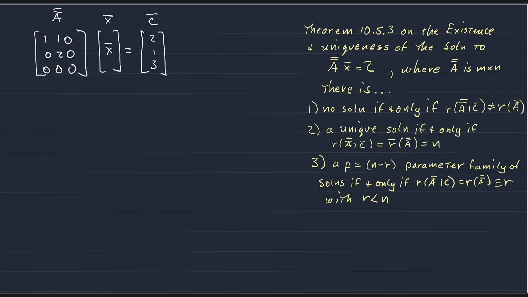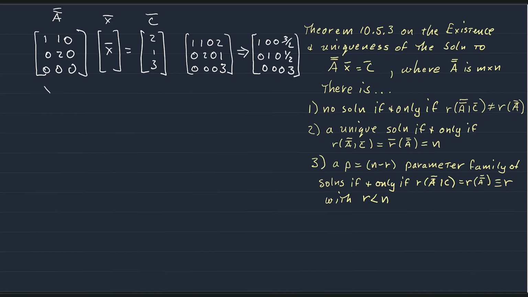If we were to take our augmented matrix, 1, 1, 0, 2, 0, 2, 0, 1, 0, 0, 0, 3, and reduce that using Gauss-Jordan reduction, we would get 1, 0, 0, 3 over 2, 0, 1, 0, 1 half, and 0, 0, 0, 3.